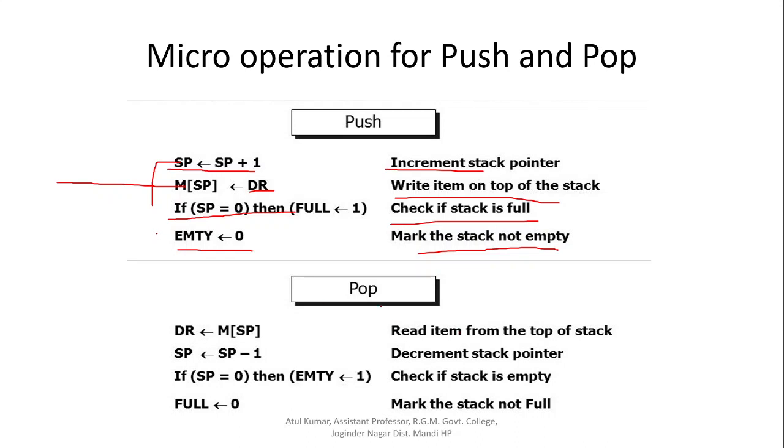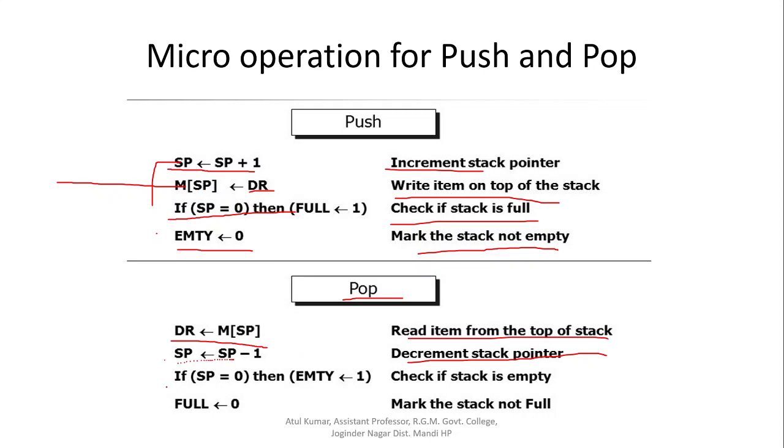This is the micro operation for push operation in the stack. For pop operation, firstly read the item from the top of the stack. Just read the item from the memory to the data register, that is DR, and then decrement the stack pointer. The micro operation for this is SP is equal to SP minus 1.